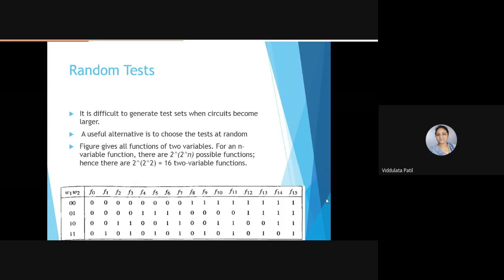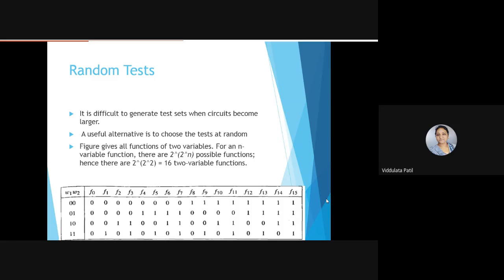So that means a total of 4 functions may be there for only one variable.